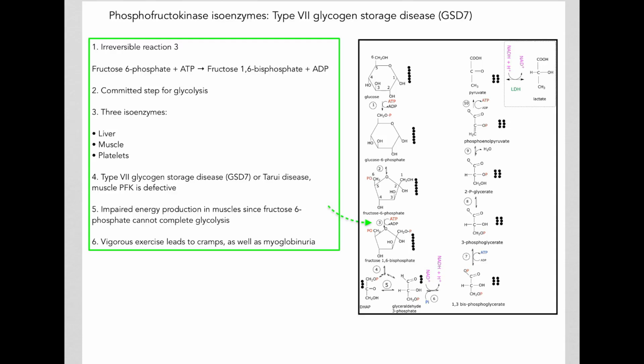So once again, if the PFK is affected in the muscle, then the muscle cannot carry out glycolysis, and that would lead to impaired energy production in the muscle. And during vigorous exercise, there could be cramps as well as muscle breakdown, and that would release myoglobin into the urine, and that may lead to acute kidney damage.